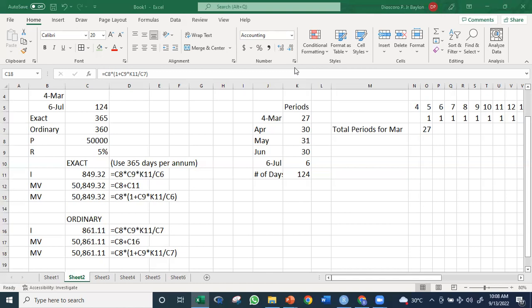That's considered as one period. That's why we had the full count of 30. Otherwise, had we started only at April 1 to 2, that would be one period. So that will only be 29 periods if we're starting with April 1 up to April 30. Okay, I hope that's clear.